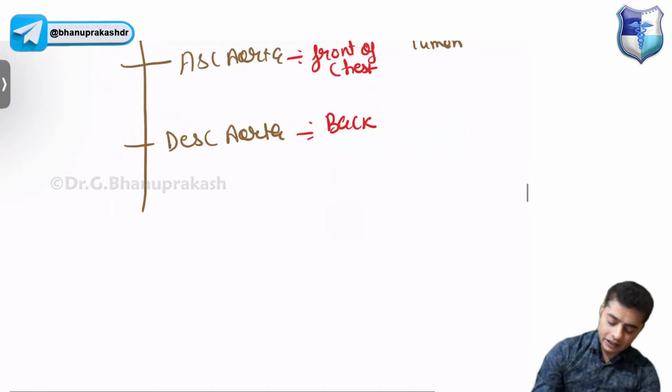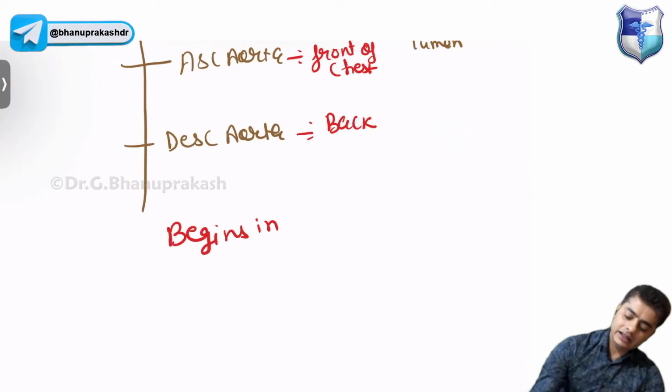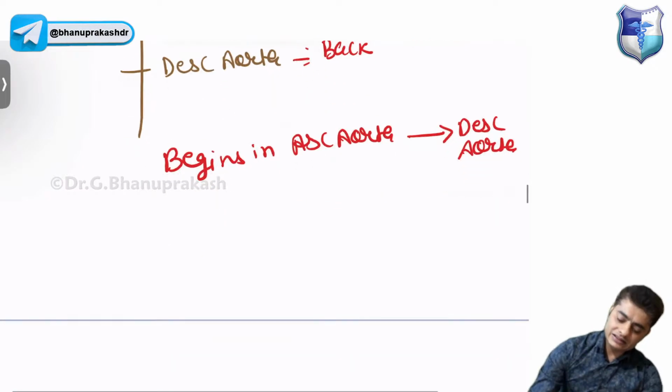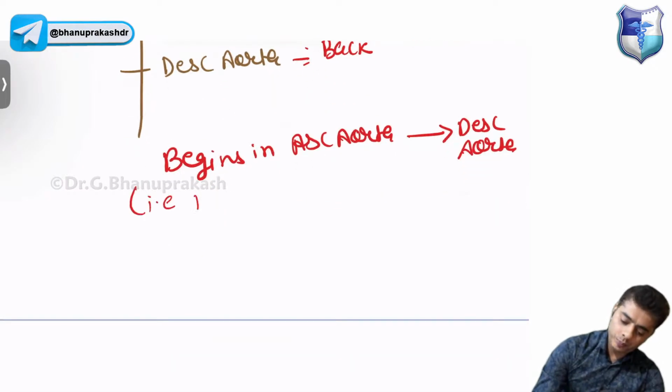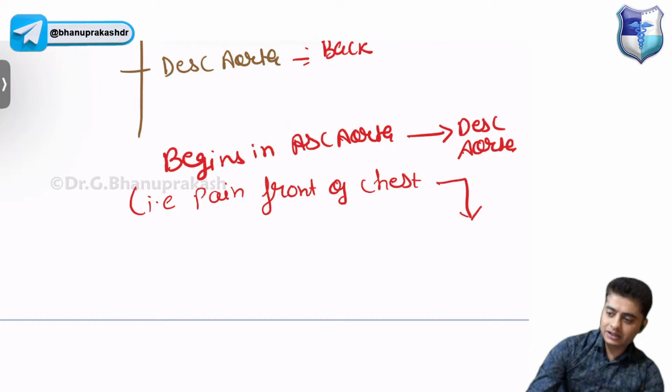But what we have found is that aortic dissection generally begins in the ascending aorta, then goes on to the descending aorta. That is why pain happens first in the front of the chest and then goes to the back.